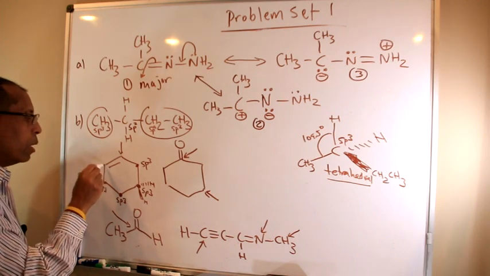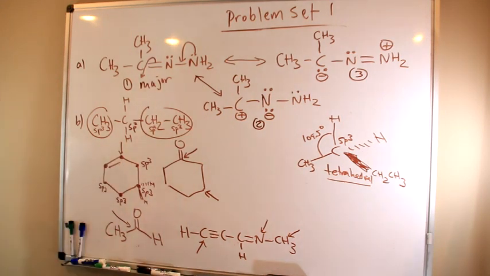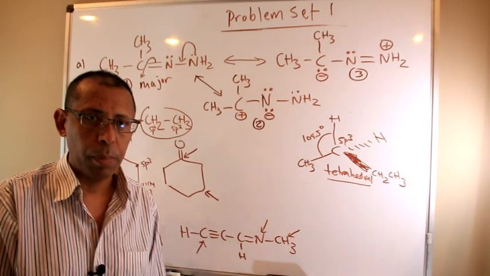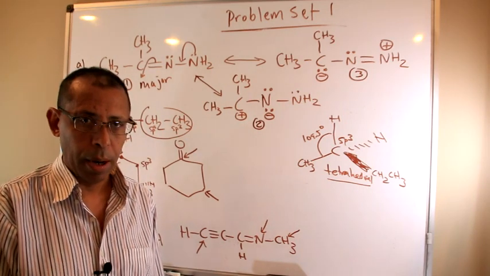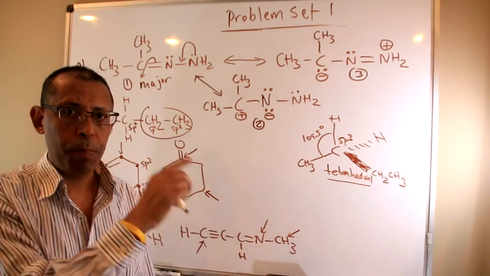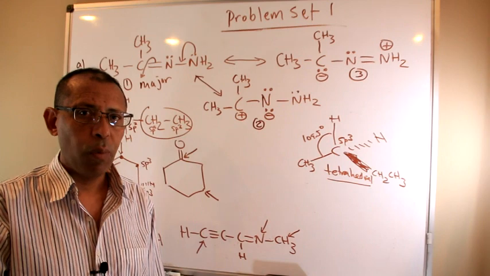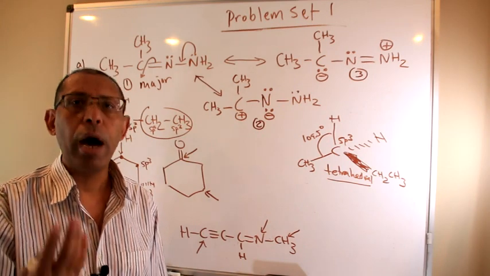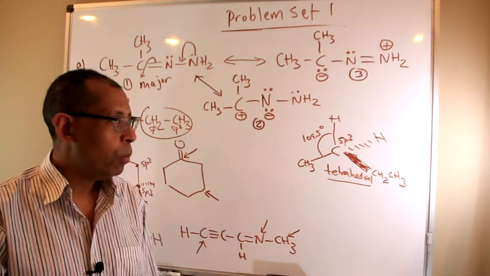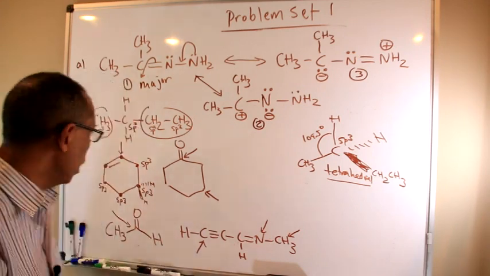But this carbon is carrying a double bond. Whenever you have a double bond, it is made of 1 sigma and 1 pi bond. The pi bond is the result of a p-p interaction. Therefore, it has to be an sp2 hybrid orbital. Review the other section where I was discussing sp2.